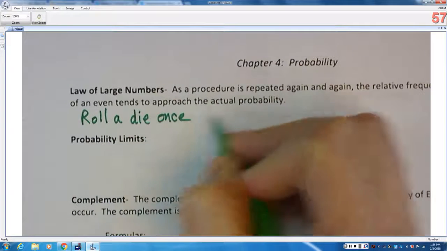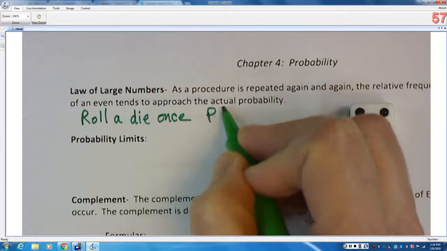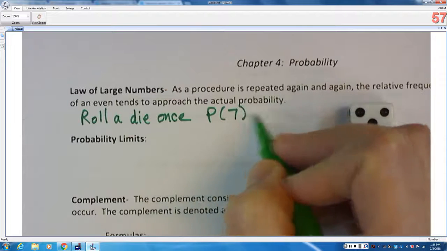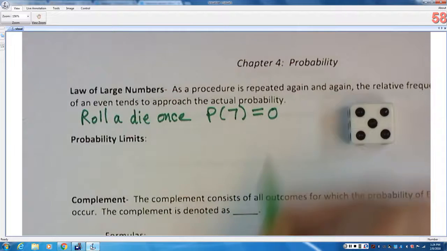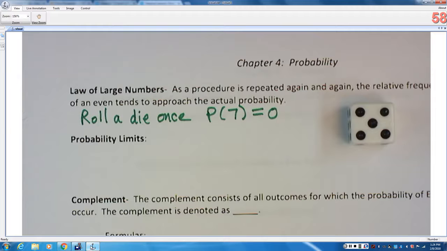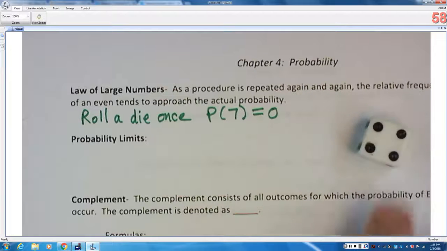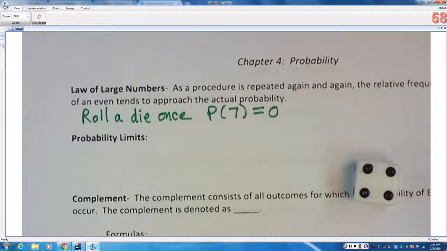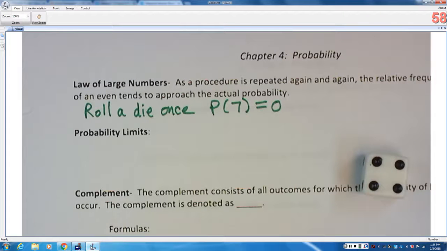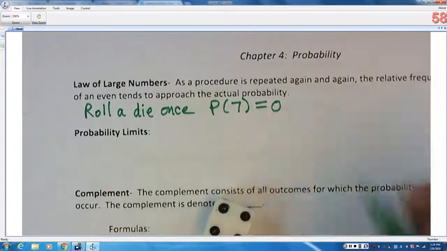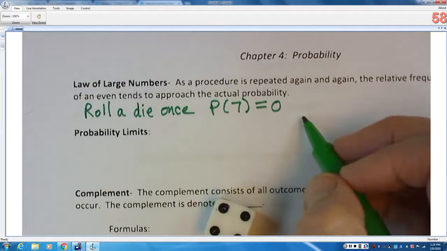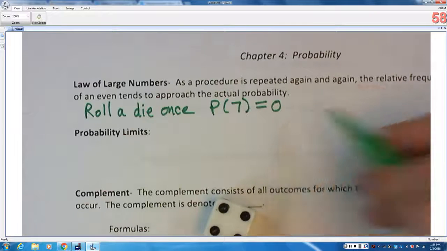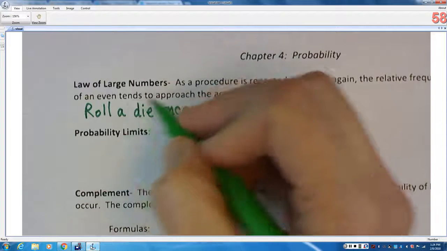It's a six-sided die. What's the probability that you roll a 7? 0. You can't roll a 7. There's no 7s on this die. I'm not talking about an 8-sided or 12-sided die. We're rolling a 6-sided die.